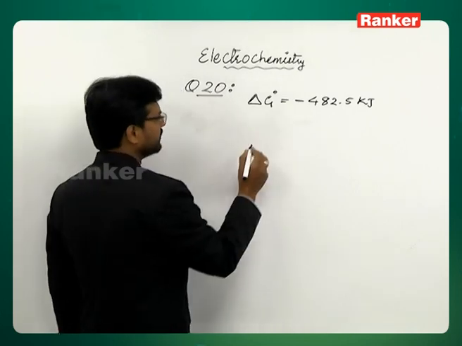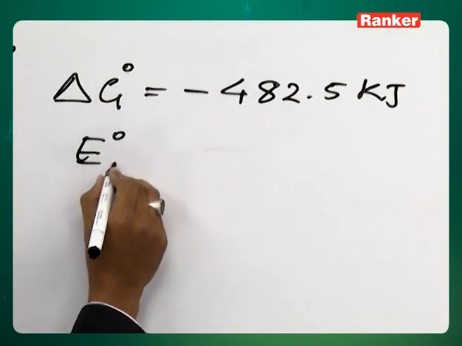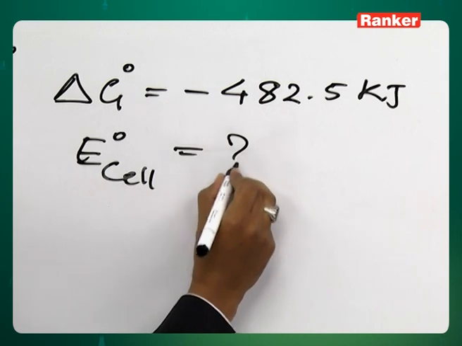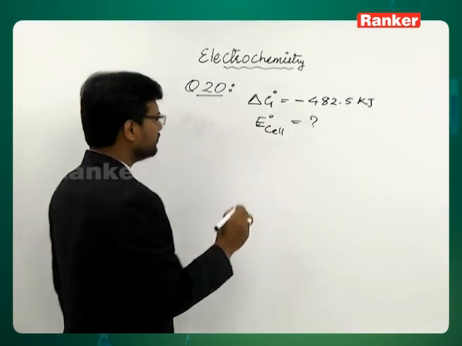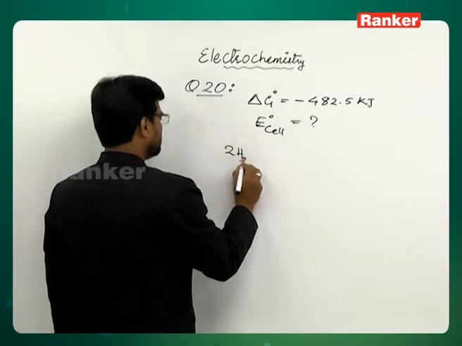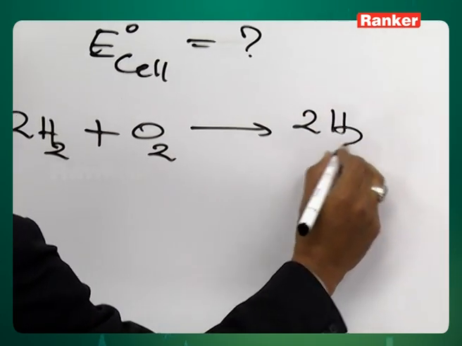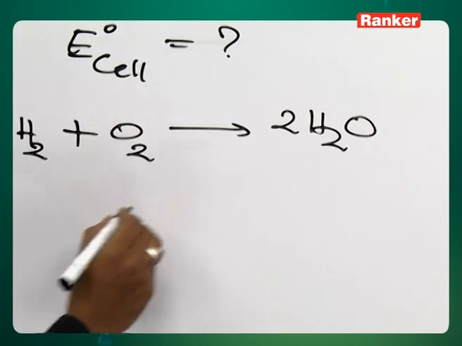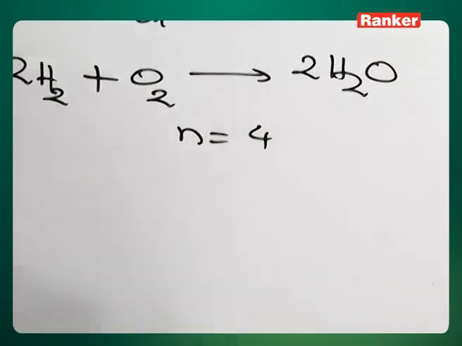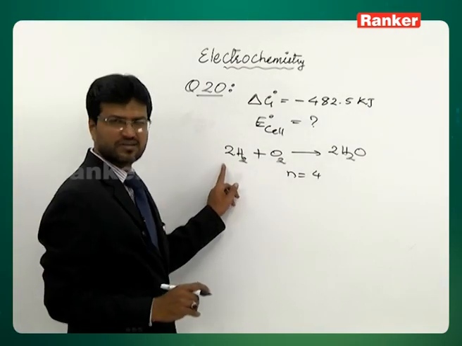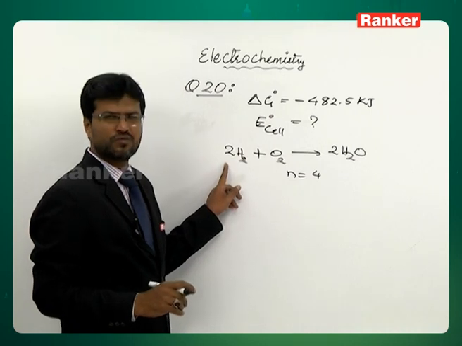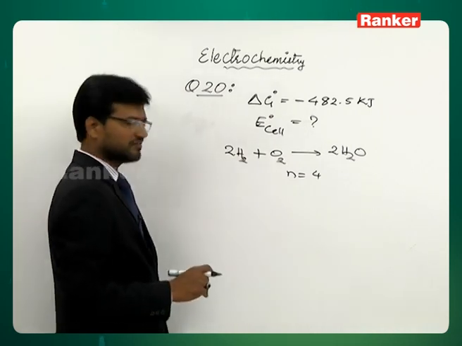And we are asked to find out E naught cell. And look at the reaction. 2H2 plus O2 gives rise to 2H2O. So for this reaction, n equals 4 because it involves 2 moles of hydrogen. So n factor is 4.